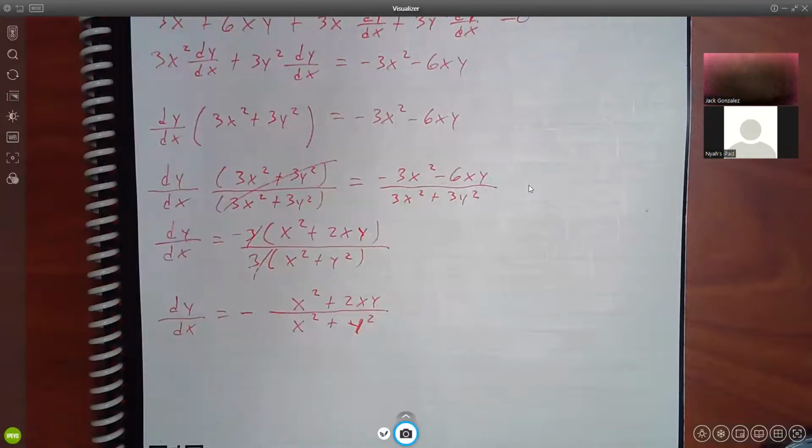Try not to leave parentheses unless you can cancel something out. There's nothing wrong with that. It is a fine step to do. You could do that as an additional step, nothing wrong with it.